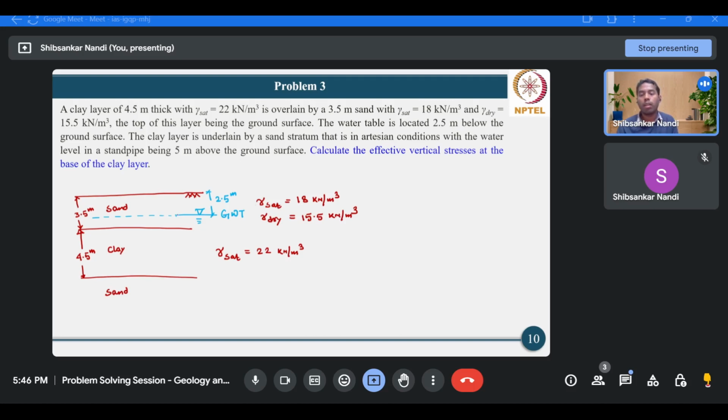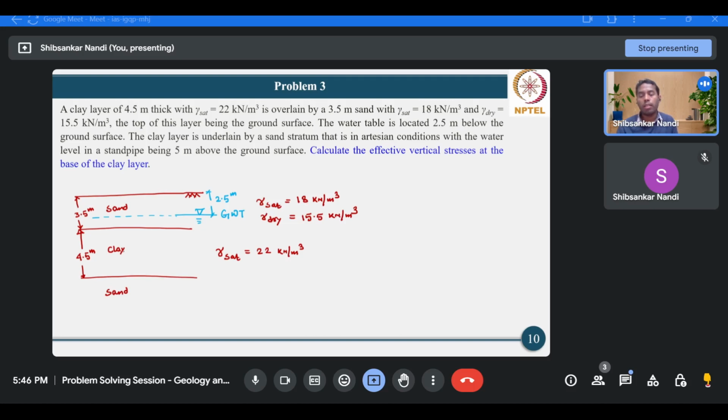Since the water table is encountered inside the sand at a depth of 2.5 meter from its top, therefore the portion which is above the groundwater table, we will use the dry unit weight, and the portion which is below the groundwater table, we will use the saturated unit weight, which is 18 kilonewton per meter cube, as given in this problem.